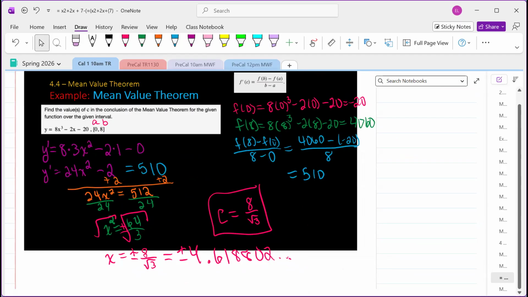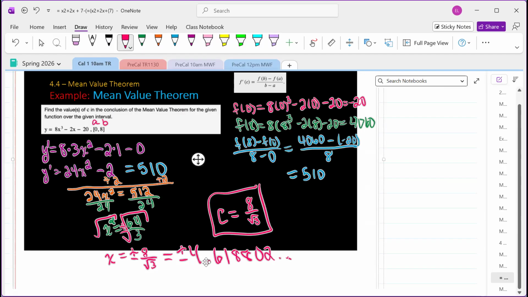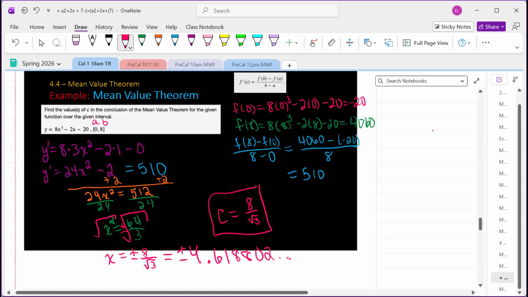So from x equals 0 to x equals 8, the slope is 510, a ridiculously nearly vertical line. And at a little past 4.5, that's the x value where the slope of the tangent line is the same as 510.